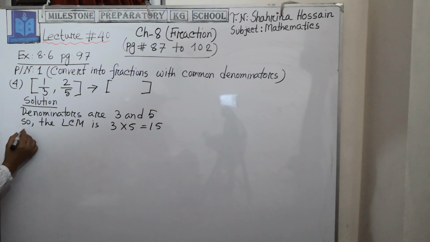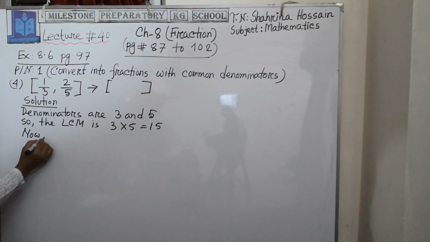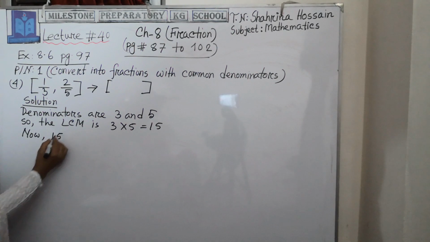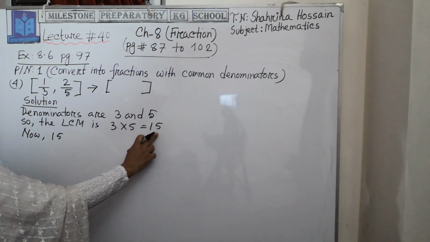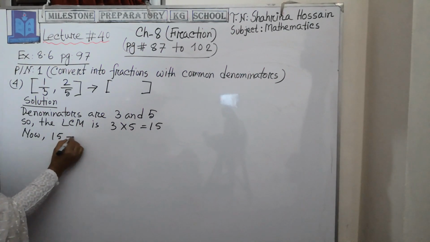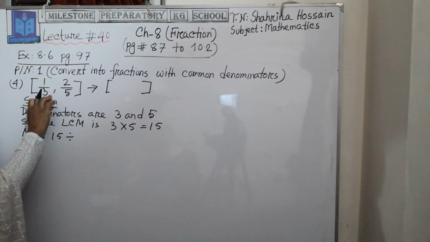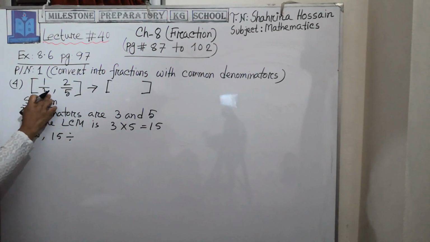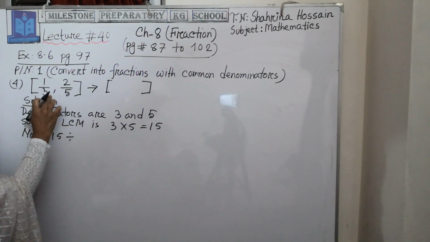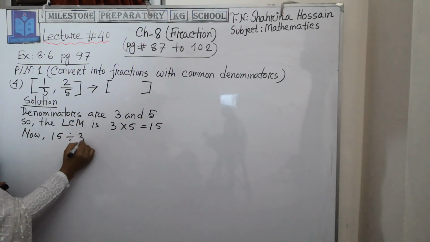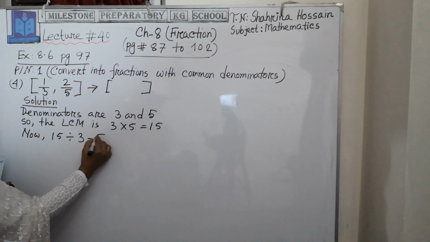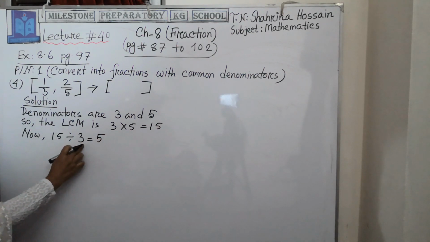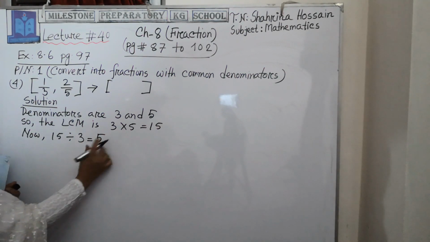Now whatever LCM we are getting, we divide this LCM by this denominator. That means the first fraction's denominator, and our first denominator is 3. So if we divide 15 by 3, my answer is 5.